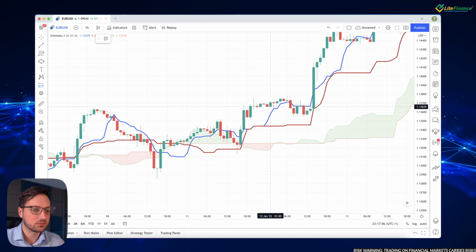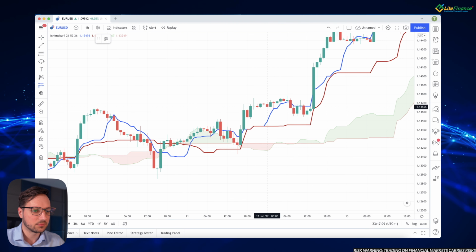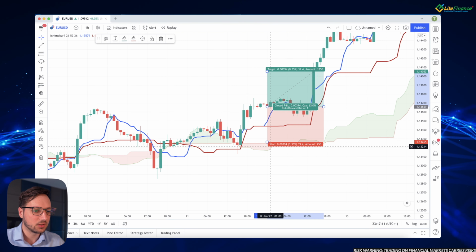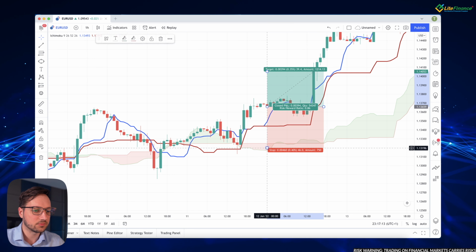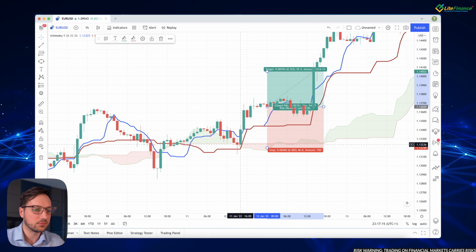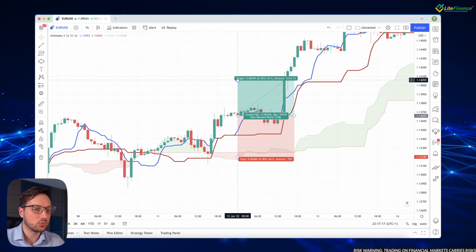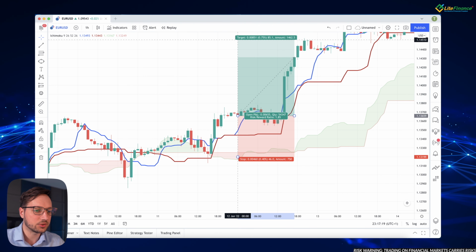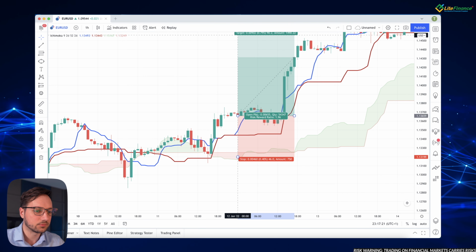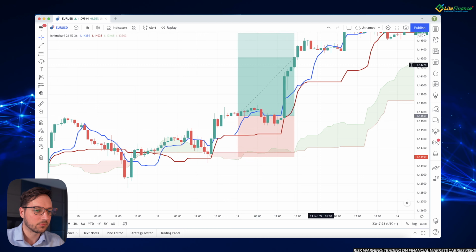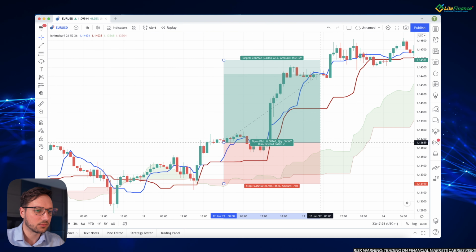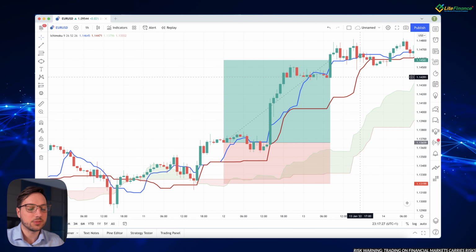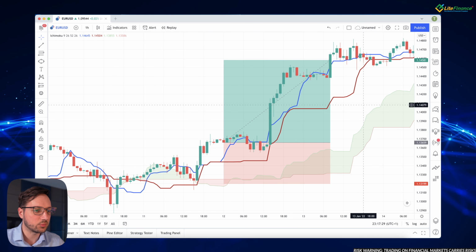So let's simulate the entry. We have, of course, a stop loss below the nearest swing, and we are setting a 2-to-1 risk reward ratio. So now let's mark that, and yep, this trade was profitable.